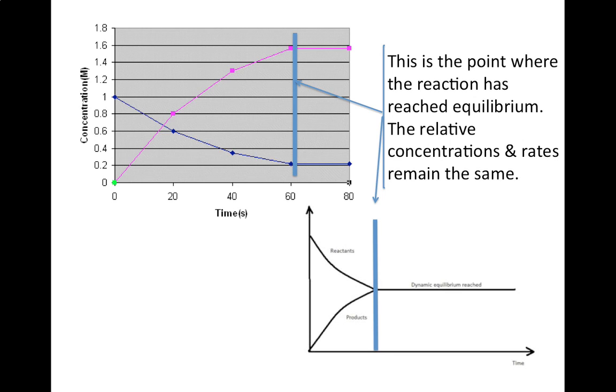So the point where the reaction has reached equilibrium is where the relative concentration and rates remain the same. And it might be exactly the same, like we see in the bottom graph, or it might be at different concentrations, but we see that the rate is the same. We're not having a decreasing and an increasing rate anymore. We have one straight line. That's where we know we've reached equilibrium.